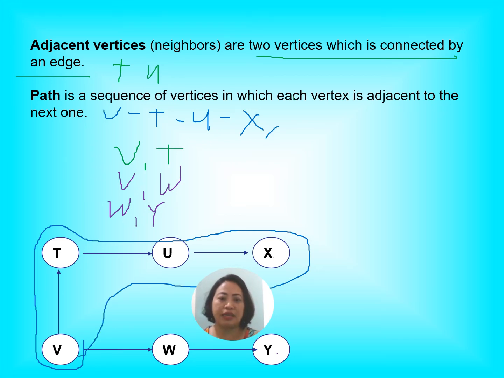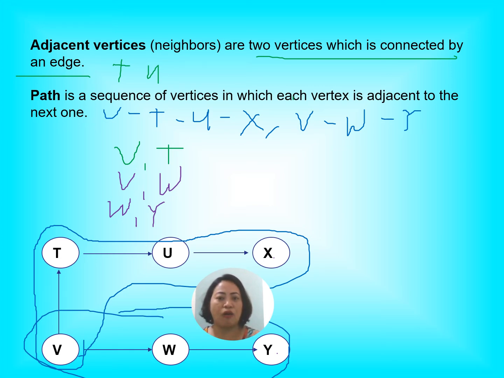Another path would be, it could be from V, okay, to W to Y. Okay? That would be another path, right? Or we could have another path from T to U to X. Okay?